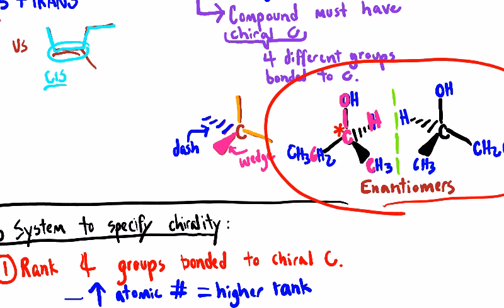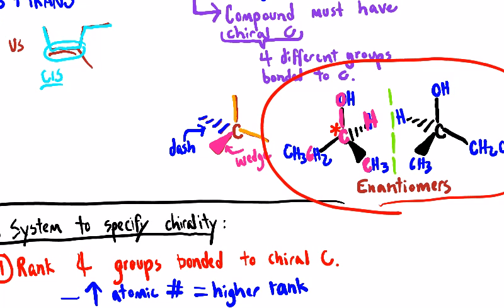So looking at the atomic number, the atomic number of oxygen is greater than the atomic number of carbon, and so oxygen gets a higher rank. I'm going to put my ranking number here in green beside that atom.